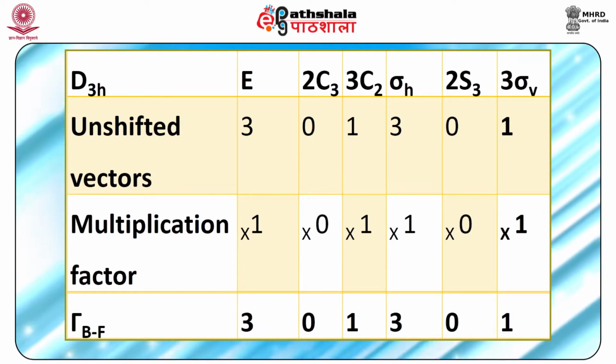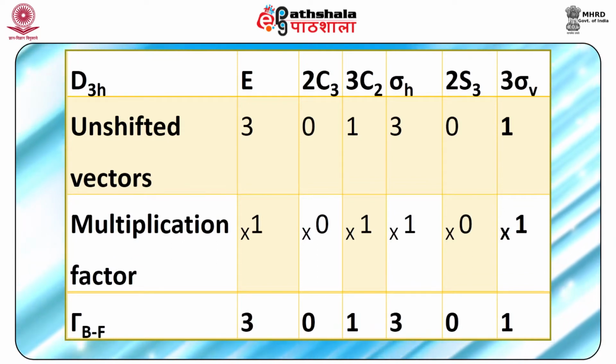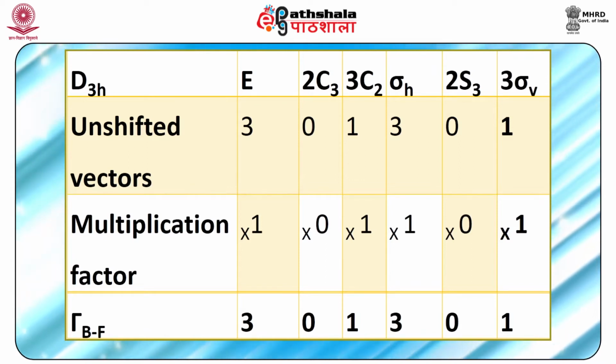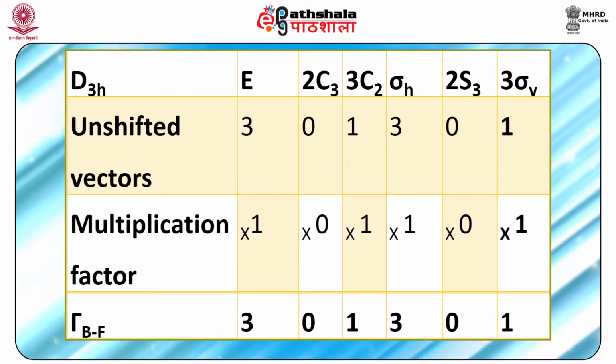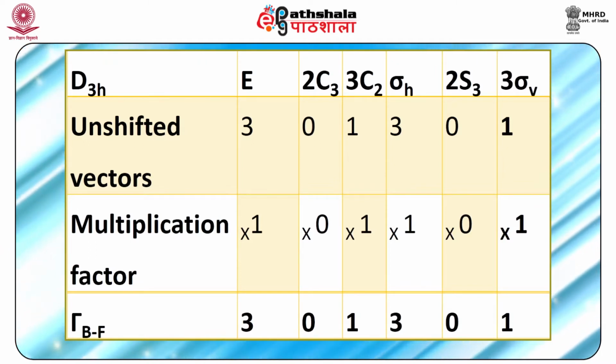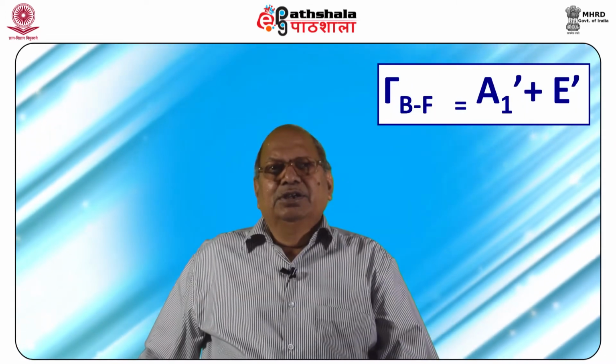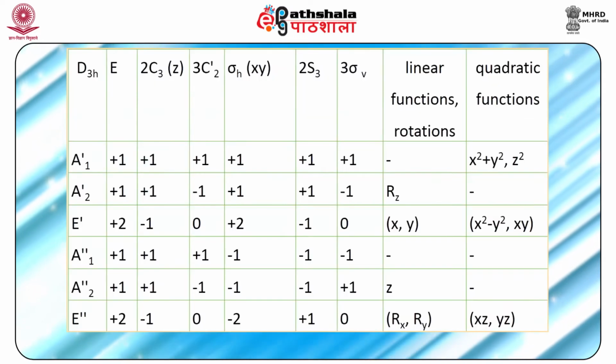And under sigma v, only one bond vector is unshifted. By using the multiplication factor, we get Gamma B-F as 3, 0, 1, 3, 0, 1. This is the reducible representation, and it can be reduced to A1 dash plus E dash in the D3h point group.